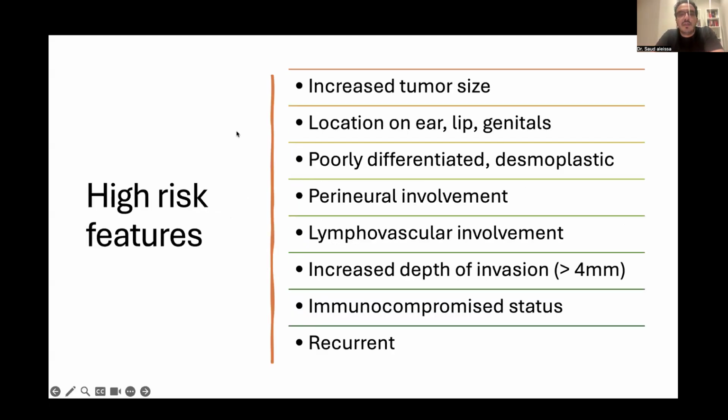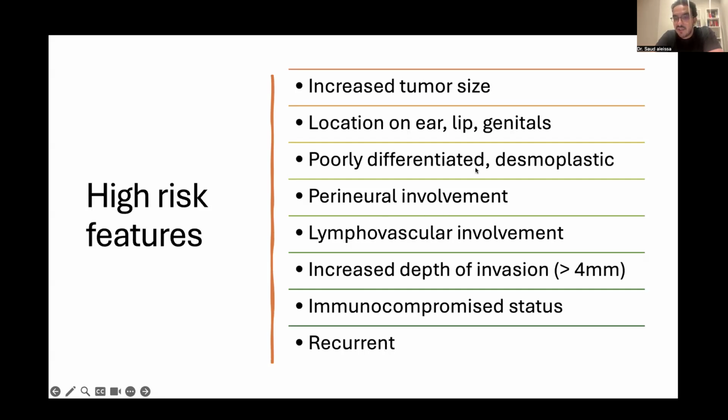What else? This is important. طيب كل ال SCCs زي بعض؟ لا. طبعا الهاي ريسك SCC غير اللو ريسك SCC. الانكريس تومر سايز اللي اذا كان حجمها اكثر من 2 سنتيمتر. لوكيشن مهم. High risk areas are ear, lip, genitals. The pathologist sometimes will throw in words like poorly differentiated, desmoplastic. Perineural is definitely concerning.